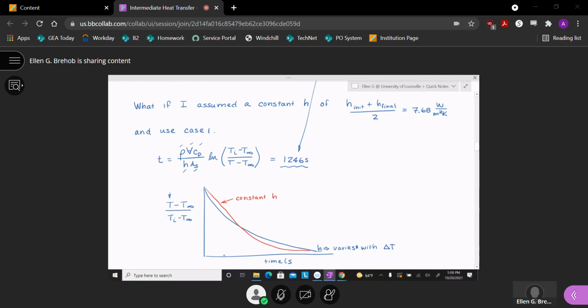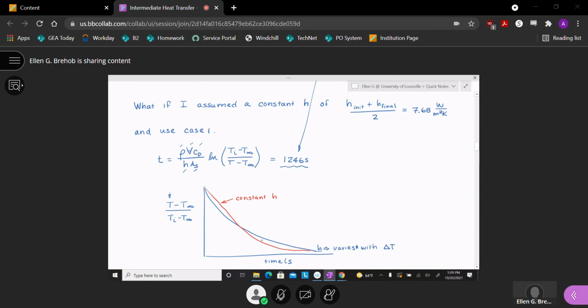Early on, I have a bigger heat transfer coefficient than my average constant value, so I'm seeing the temperature drop off a little bit faster when I use that more complicated equation rather than that constant H value.